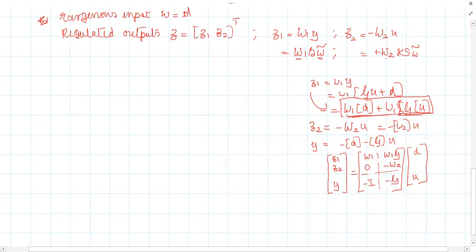So this associated control configuration will be like this. We have represented it in a standard configuration, the two-block form, the LFT.